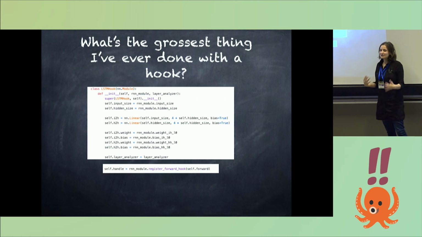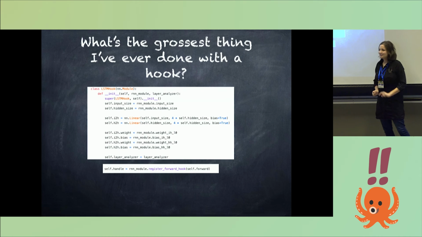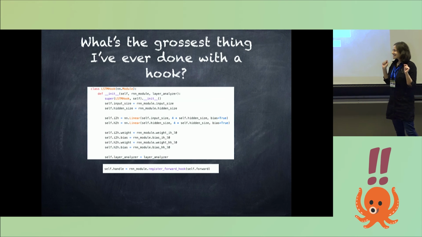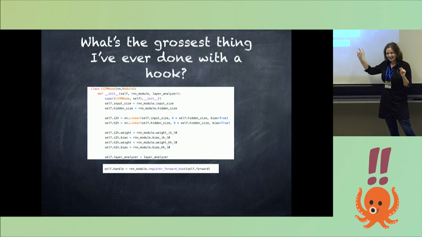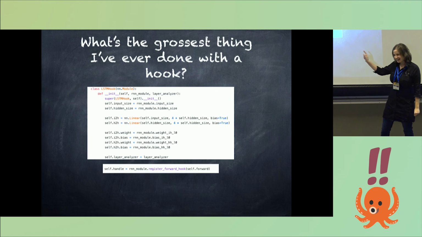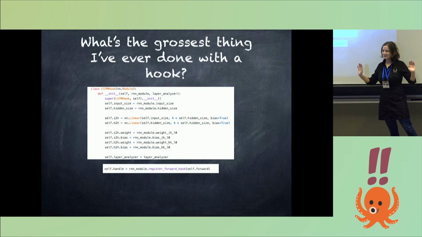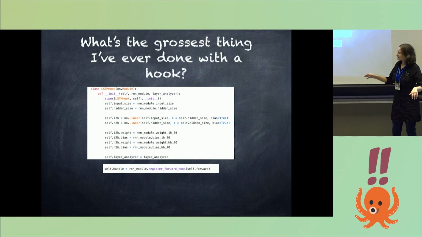But I didn't trust myself to write an LSTM module that was definitely going to give the same outputs as the real one. So I wrote an LSTM module that ran at the same time as the real LSTM module and just asserted that the outputs were the same. And that's the most disgusting thing I've ever done with hooks.